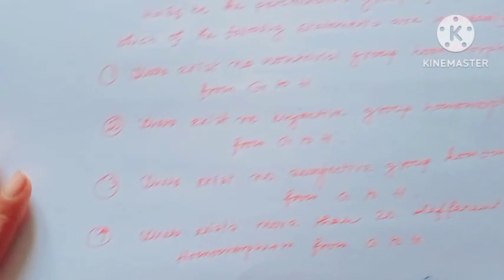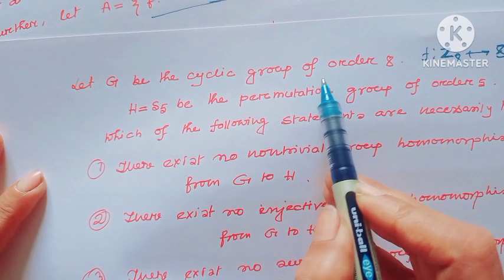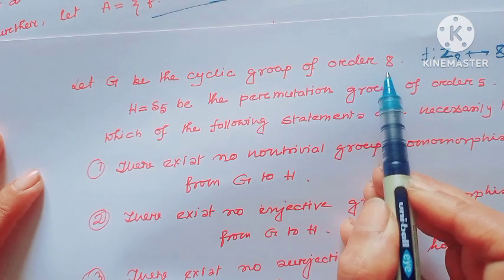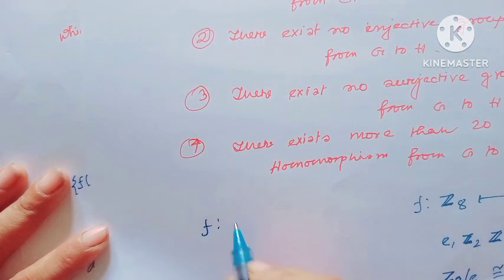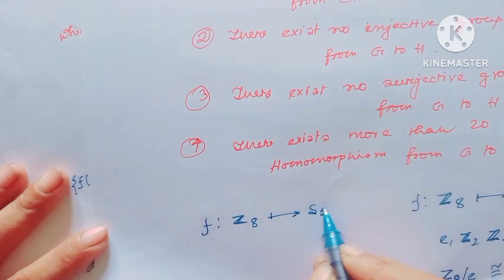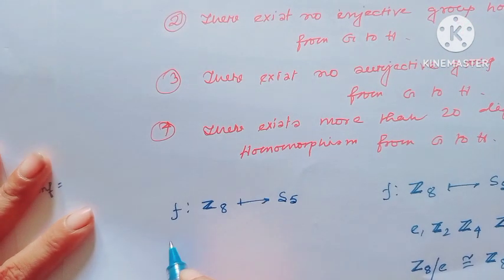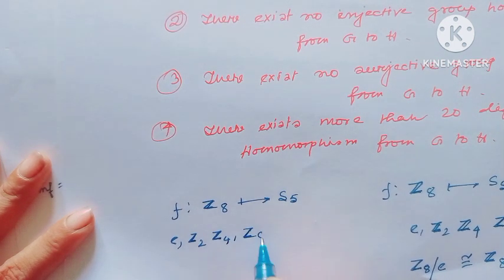For this, the cyclic group of order 8 is Z8, and we consider f from Z8 to S5. How many group homomorphisms exist? Here the normal subgroups of Z8 are identity, Z2, Z4 and Z8.